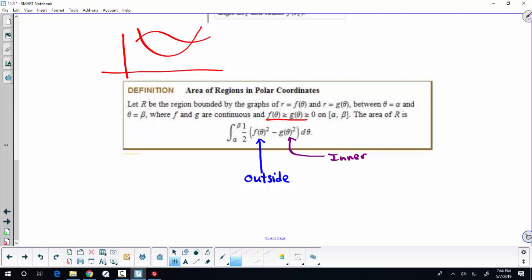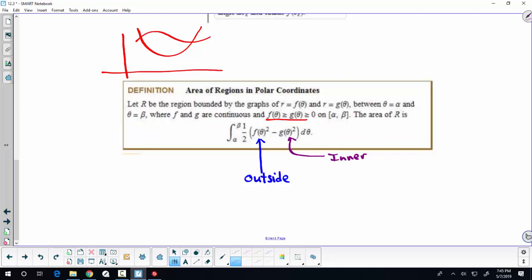But that whole integrand is simply based off of the area of the sector that we're summing up to infinity. Notice alpha and beta, those are angle measures. So if I want to find the area from 0 to pi over 2, then I'm integrating from alpha to beta, 0 to pi over 2.